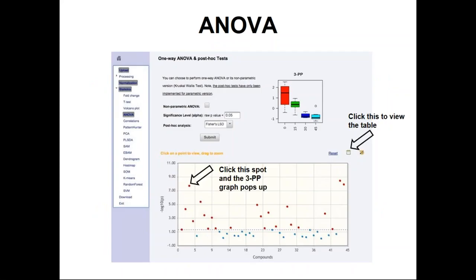So when you click on ANOVA, and MetaboAnalyst is very much like a point-and-click system, we can see this compound, which is 3-phenylpropionic acid, and we can see at time point 0, 15, 30, and 45 days, you can see a trend in these box plots, which are in your upper corner, of things dropping over time.